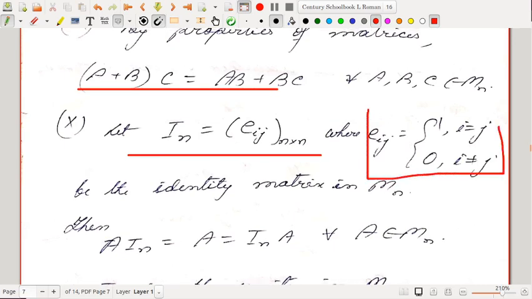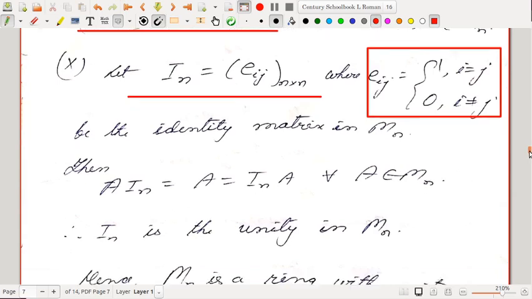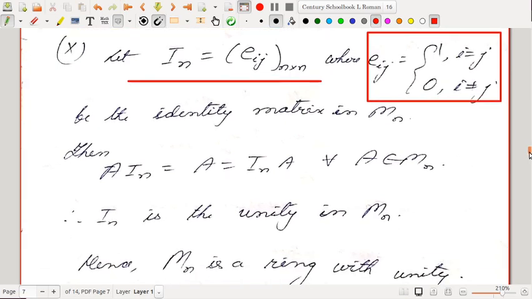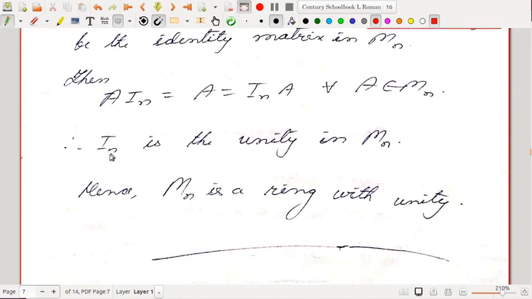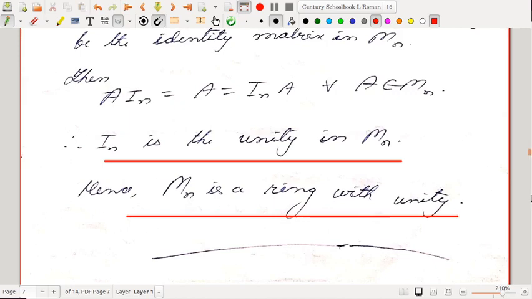The ijth element of the identity matrix is 1 if i equals j and 0 if i is not equal to j. That means only the diagonal elements are 1, everything else is 0. Let this be the identity matrix in Mn. Then A times the identity matrix is A, which is equal to the identity matrix times A. Therefore In is the unity in Mn. Hence Mn is a ring with unity.